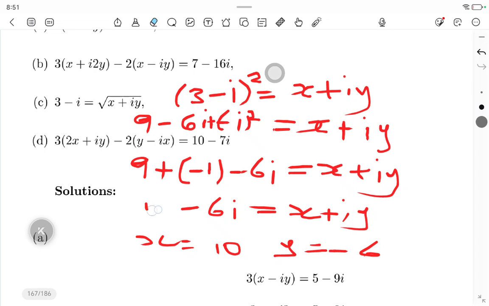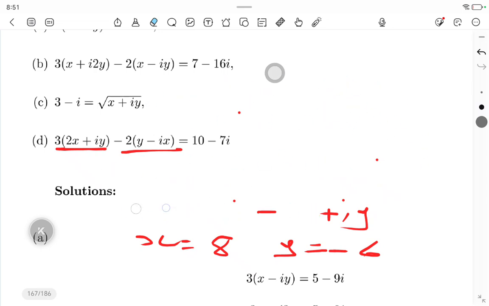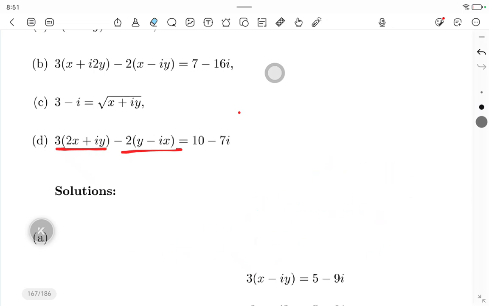So this is going to be 6x plus 3iy minus 2y plus i 2x, which is equal to 10 minus 7i. And then this is going to be 6x. We group the real parts, right? Plus 3iy plus 12ix, which is equal to 10 minus 7i. So you're going to group them.